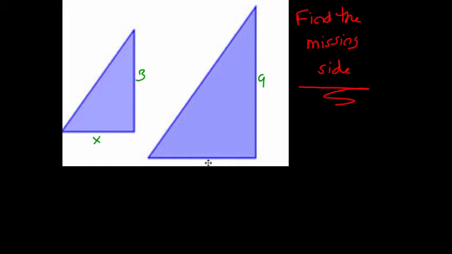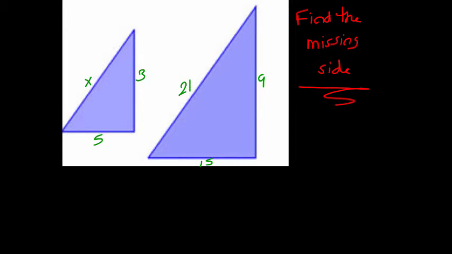And let's make this one 21. Actually no, let's change that up. Let's make this the 21. Let's make this the x. And let's change these values to 5 and 15.